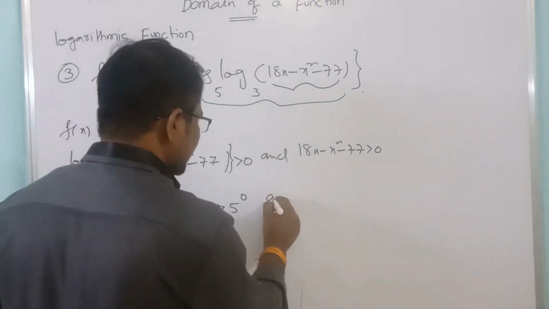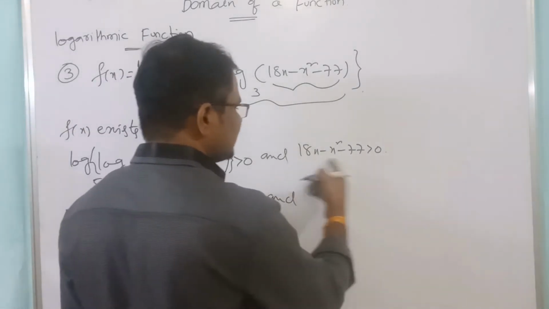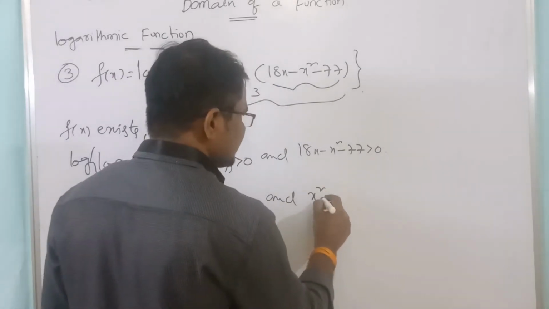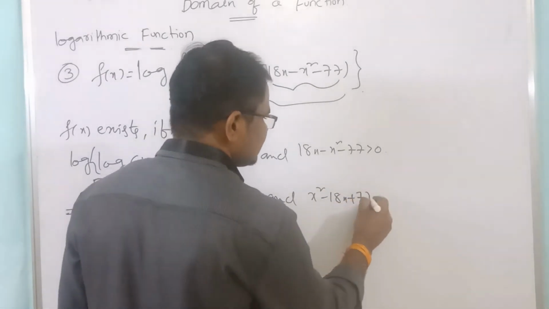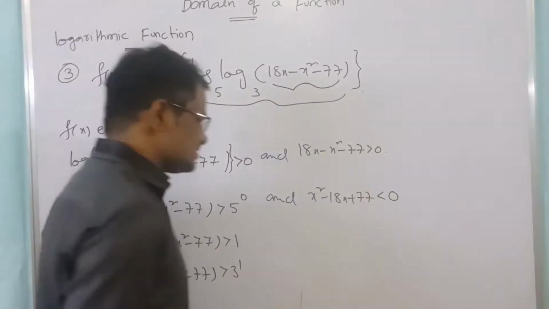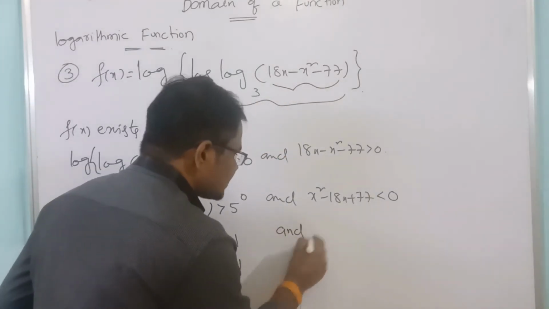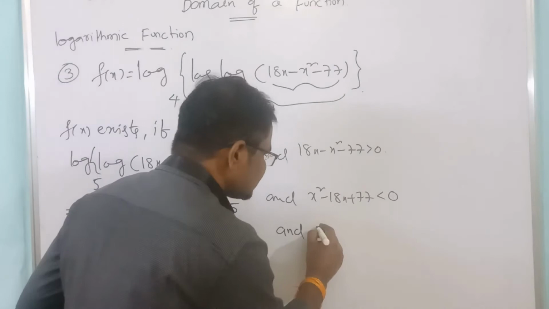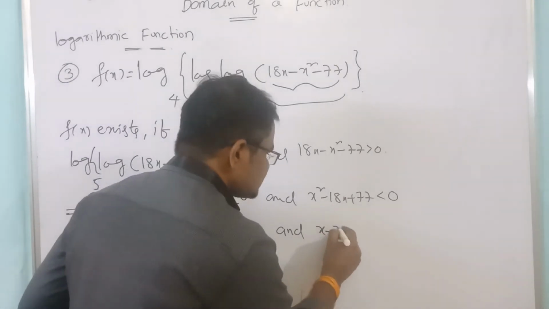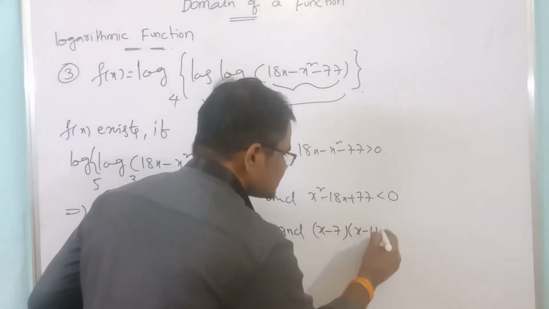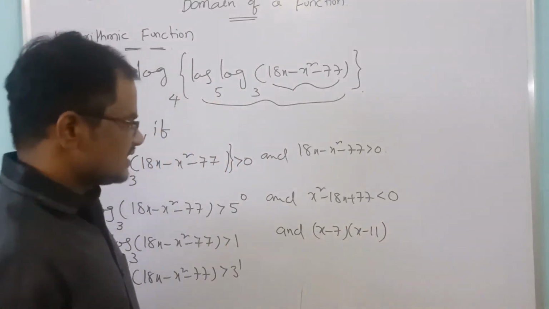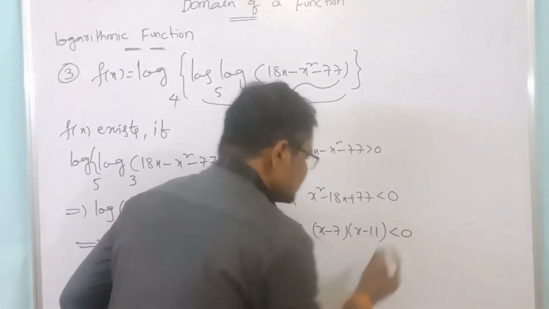Now here also, and this is as it is. Multiply with minus. x square minus 18x plus 77 less than 0. And if you take the factors for this one, what are the factors? x minus 7 into x minus 11, 11 into 7, less than 0.